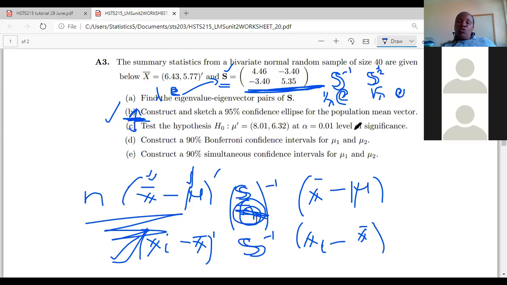What I can ask you to do is the question above: do this question and find the eigenvalues and eigenvectors of S or S inverse, so that when we come to sketch it would make sense. The same things we have used here are what we will use for the Bonferroni and simultaneous confidence intervals. We will complete this in the next session.